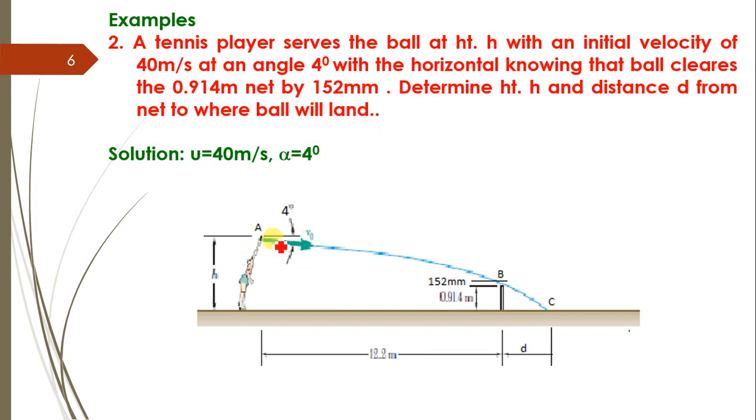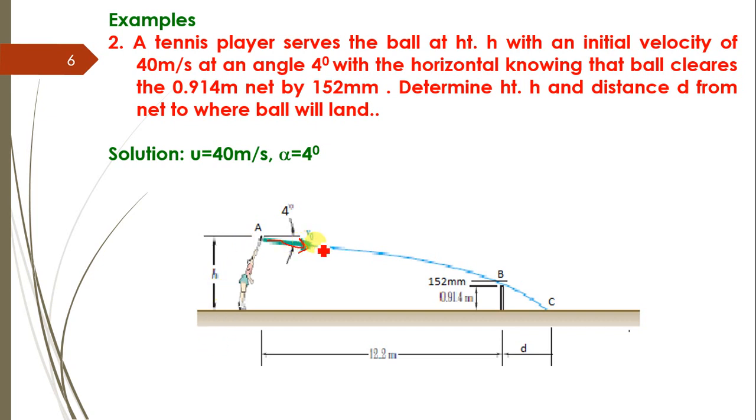Now here a tennis player is throwing or serving a ball by making an angle of 4 degree with respect to the horizontal. So this is the initial velocity with which the ball is served, making an angle of 4 degree, and h is the height of this point from the ground.